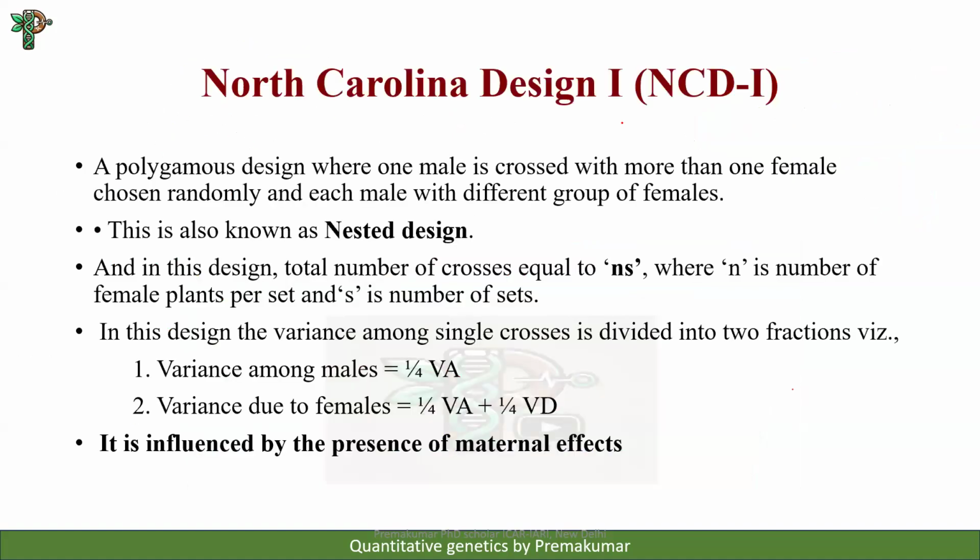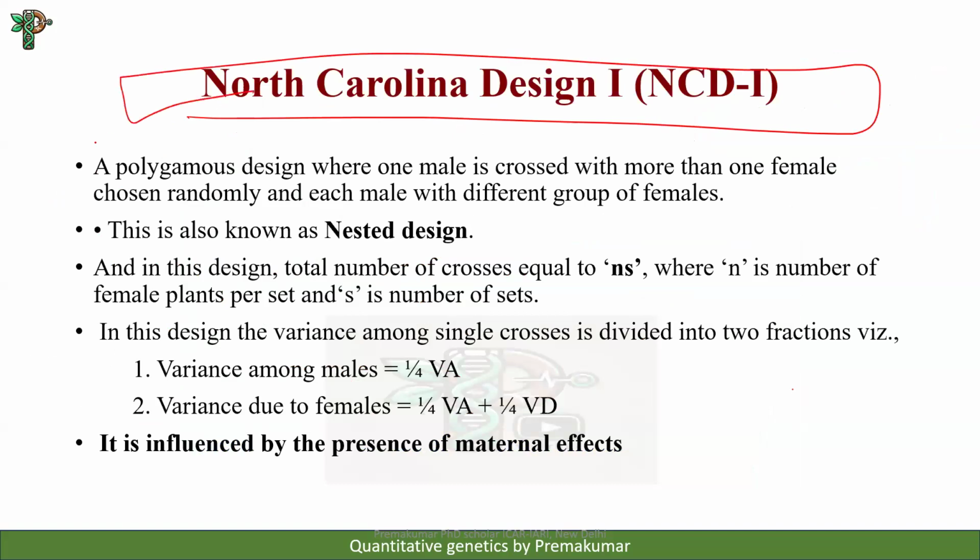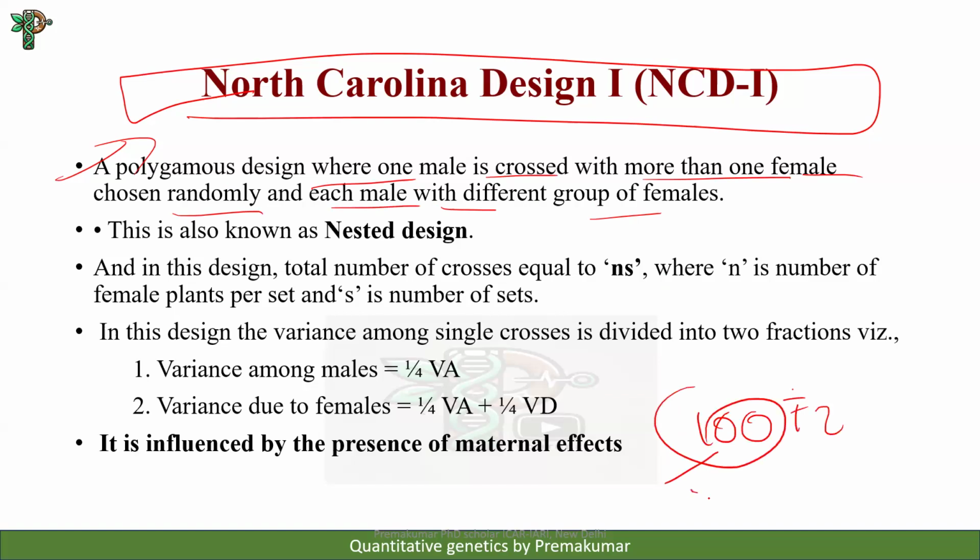Then when it comes to North Carolina Design 1, it's a polygamous design where one male is crossed with more than one female, chosen randomly, and each male is in a different group. For example, here we create the sets. For example, you have 100 F2. You randomly select 4 F2. Then you can make crosses among them, each one, and create sets.